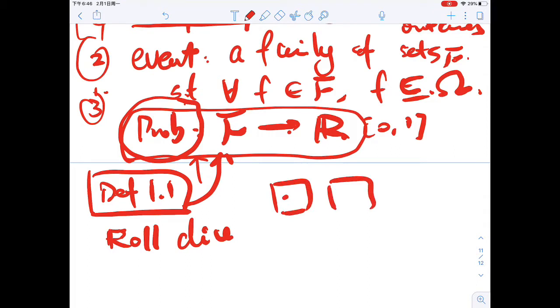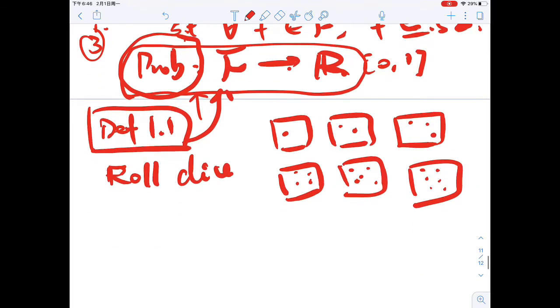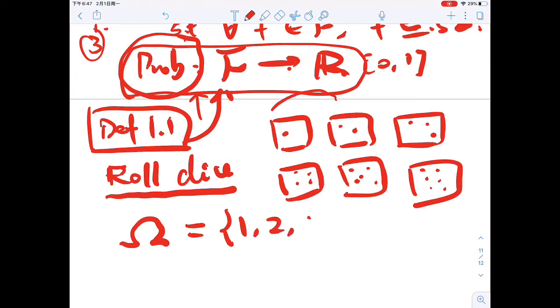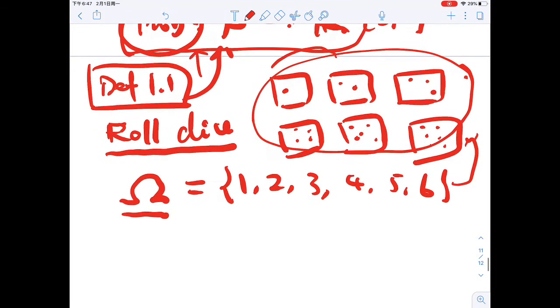The dice can have 6 possible outcomes, one of the numbers between 1 and 6. So when we roll a dice, the sample space is really just 1, 2, 3, 4, 5, 6, which corresponds to all these possible outcomes.